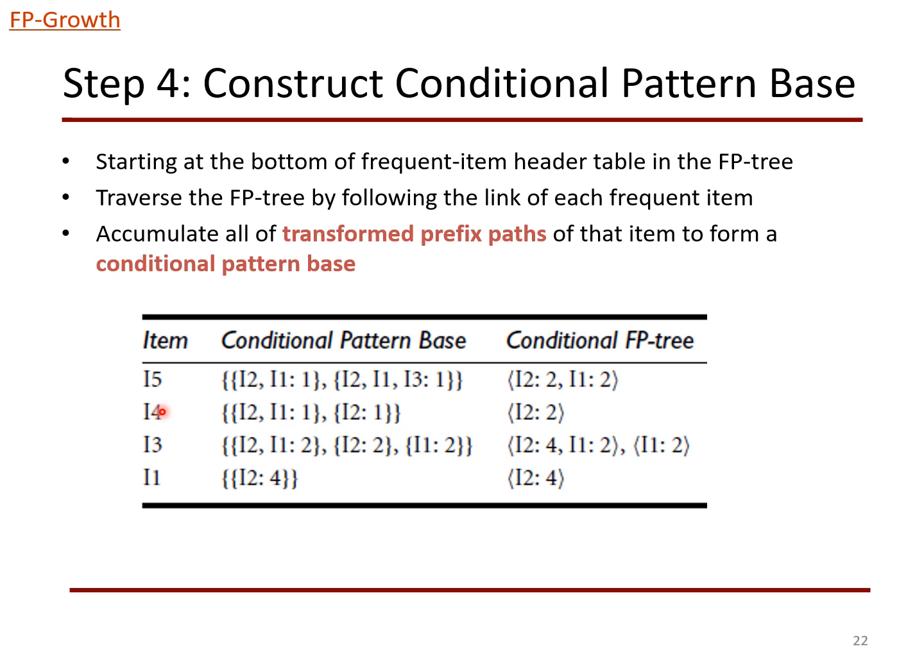Now, in order to reach I5, we need to come from I2, I1 once, and I2, I1, I3 once, and we get this from the tree. And in order to construct the conditional FP tree, we actually combine similar items together.